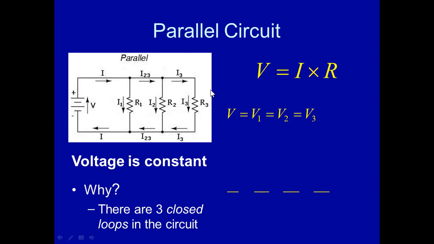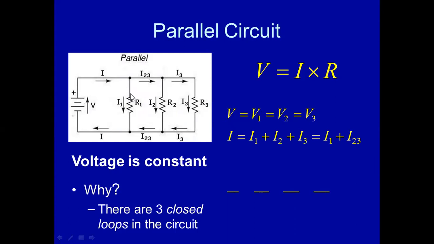Okay. So take note of this. For the series circuit, your total current would be equal to the individual current. And then for your parallel circuit, your constant here is your voltage. So your total voltage would be equal to the individual voltages.